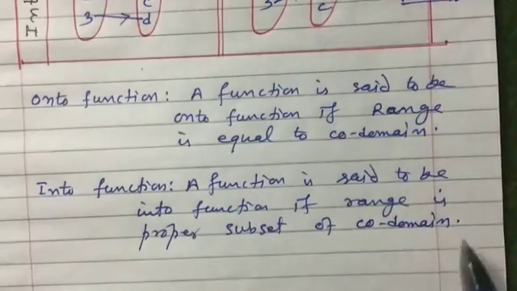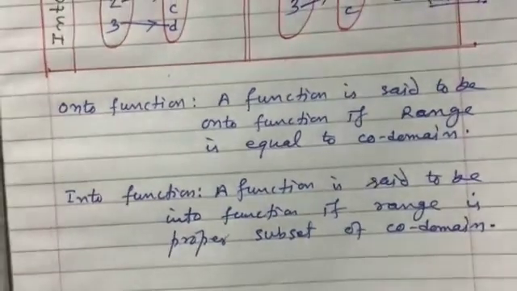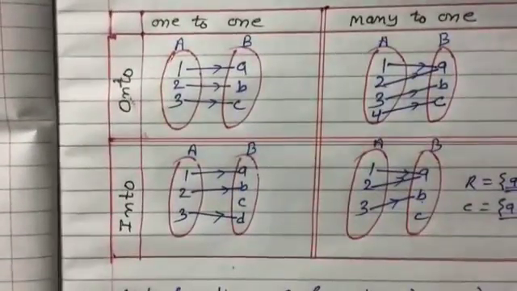If range is a proper subset of codomain, then the function is called into function. Now we will move to another one, one-to-one function.